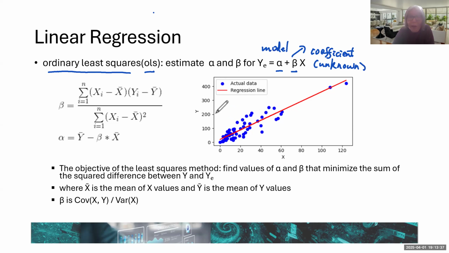And in this diagram, the blue dots are actual data. Suppose this data point is called the i-th data point.